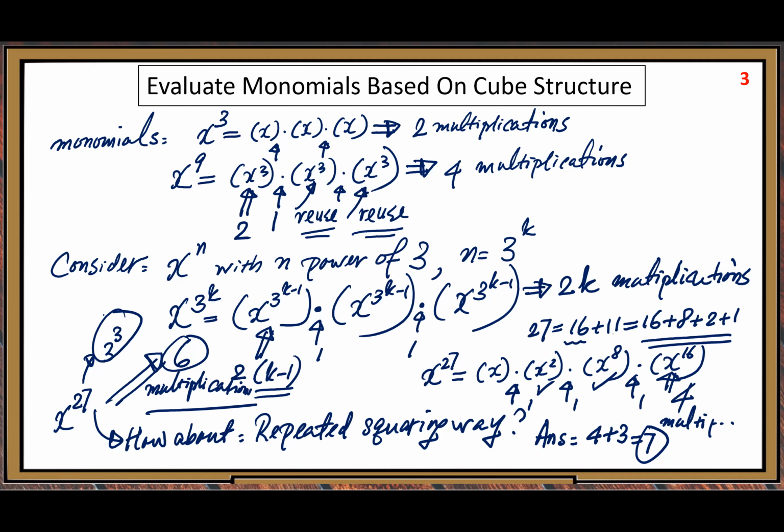Let me write a conclusion here. n equals a power of 2: repeated squaring. n equals a power of 3: repeated cubing. That's the simple conclusion.